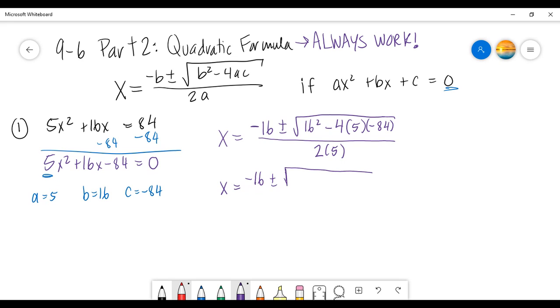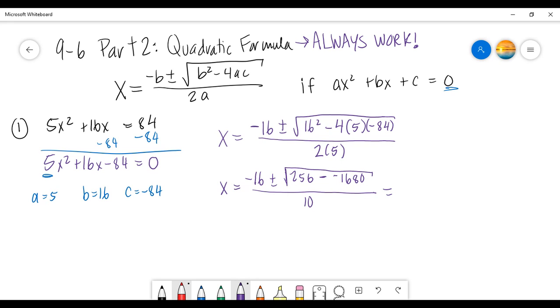So I have 16 squared, and that's going to be 256, minus 4 times 5 times negative 84, which is going to be negative 1,680. Okay, and that's all still divided by 2 times 5. We could evaluate that to 10.